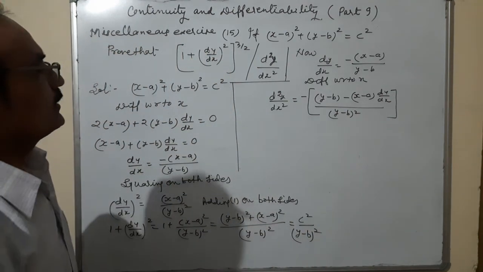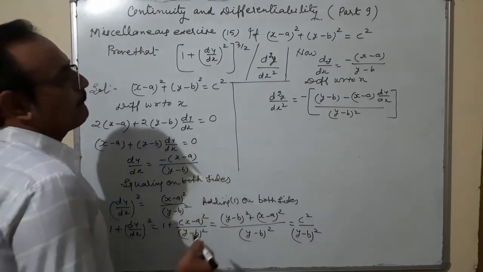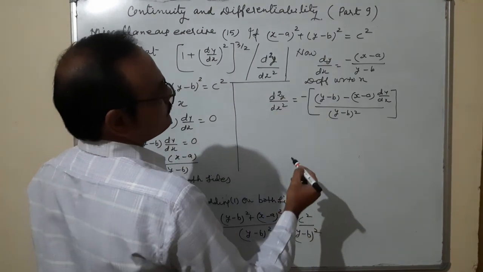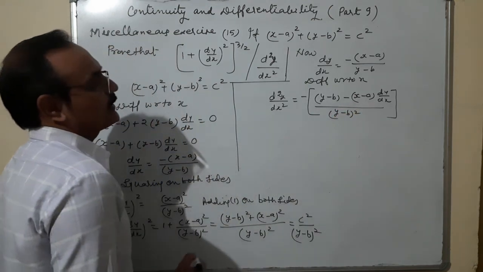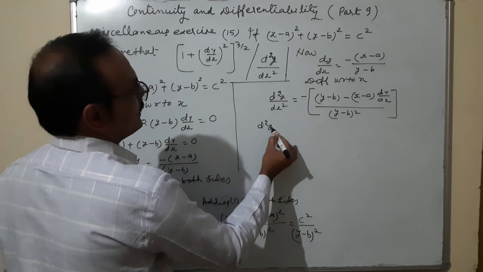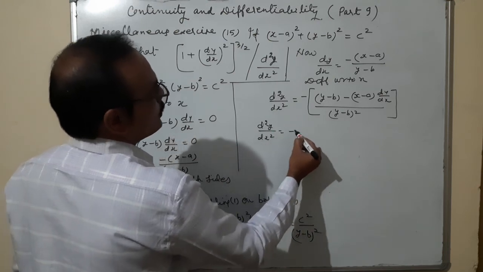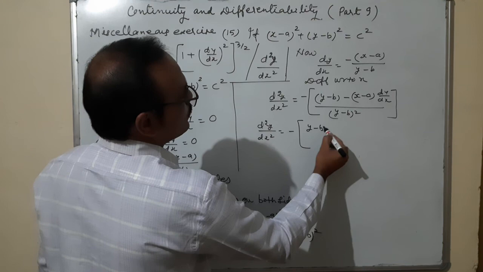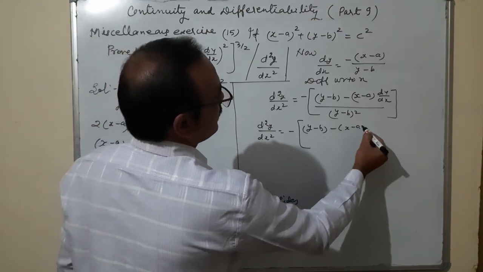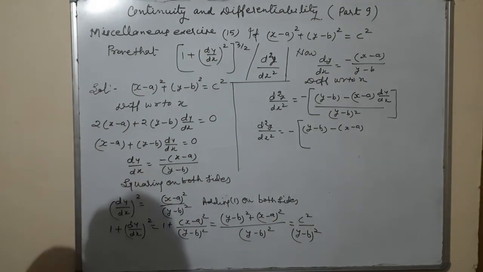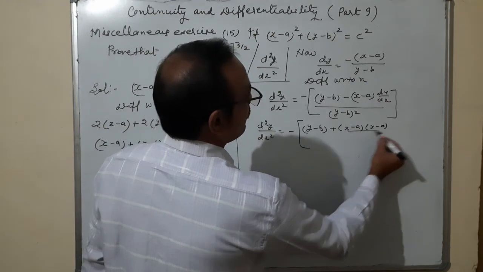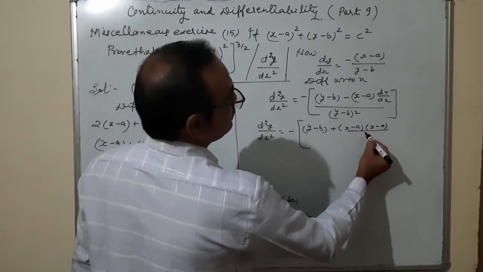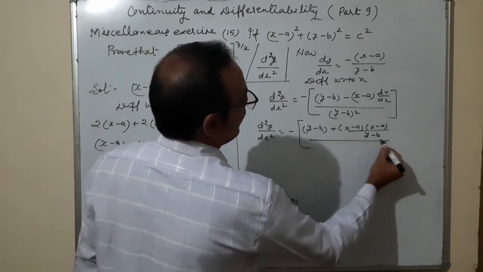Is it okay? So now the term is coming (y minus b) minus (x minus a) dy by dx. d square y by dx square is equal to minus [(y minus b) minus (x minus a)], and the value of dy by dx is minus (x minus a) upon (y minus b).